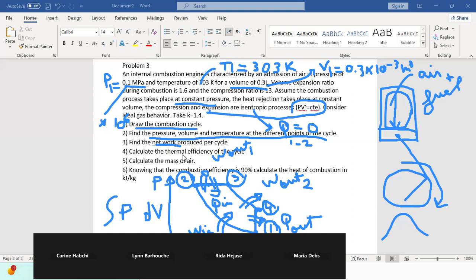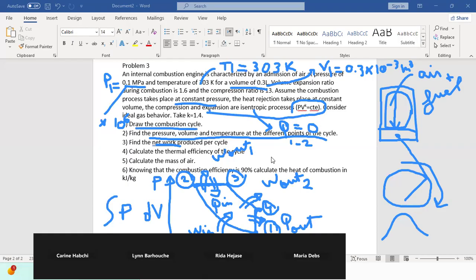To calculate the thermal efficiency, we do the ratio of useful output over input. And once we do this, they will ask us also to find the heat of combustion of the fuel used, knowing that the combustion efficiency is 90%.